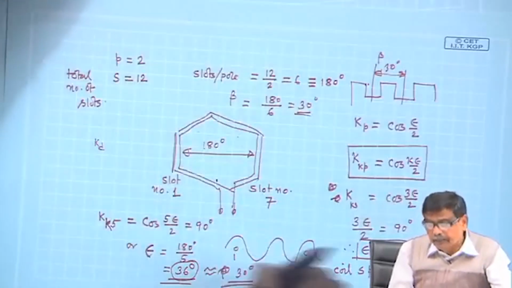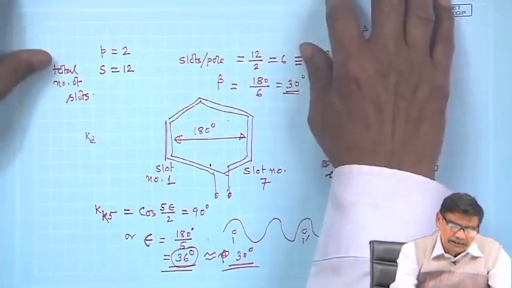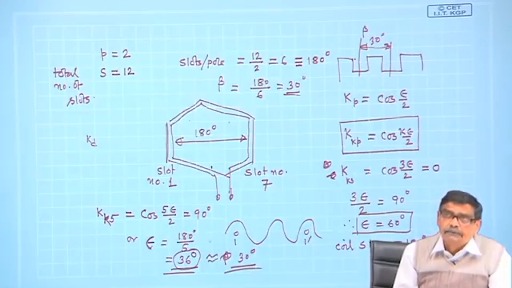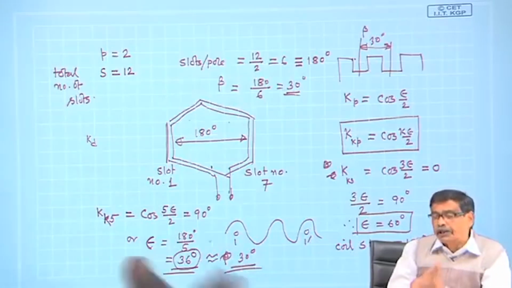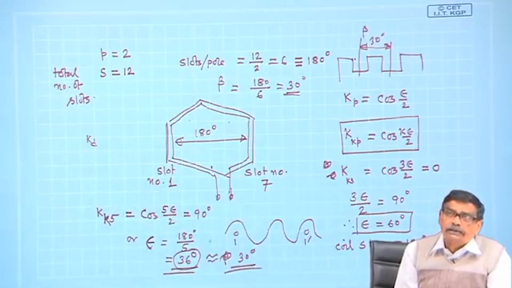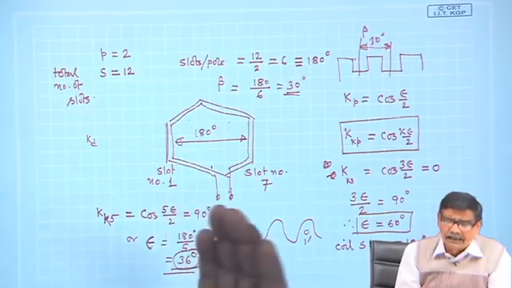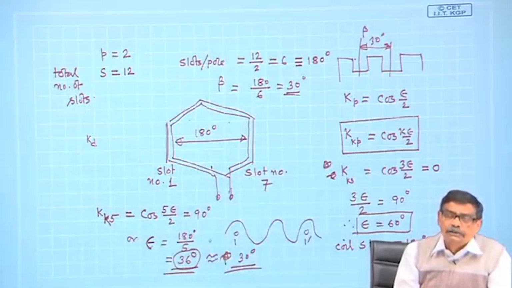And why short chording? Short chording is necessary assuming that space harmonics cannot be totally eliminated, there will be odd harmonics present like third, fifth, seventh, etc. For a given total number of slots, number of poles, etc., I can calculate the beta. What is beta? It is the angle between two consecutive slots, which is the same as the angle between two consecutive teeth.